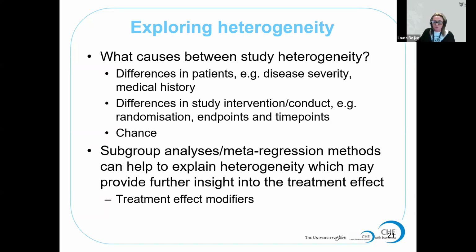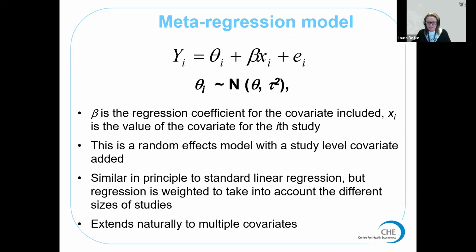I'm going to go on next to give a rather brief detail on meta-regression, just a little bit of a peek into what it means. So meta-regression can be used to combine and contrast multiple sets of studies.